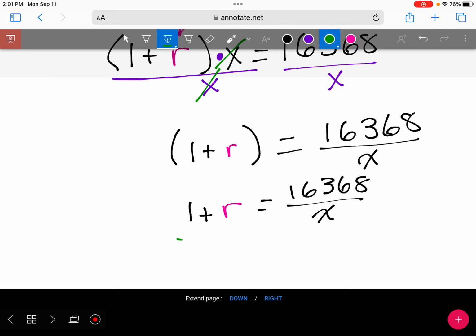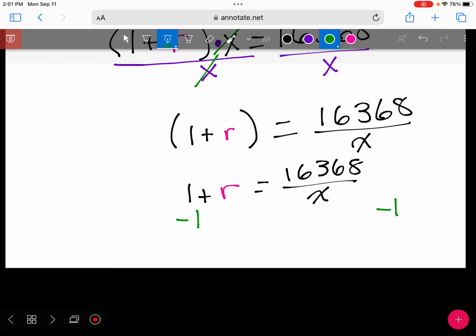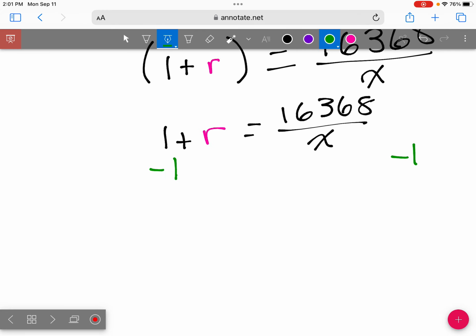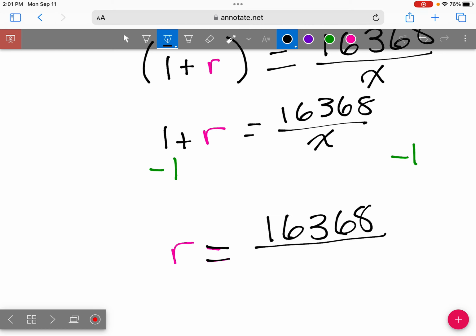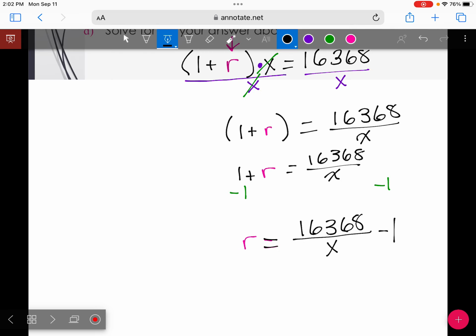If I subtract 1 from this side, that 1's going to cancel out. And I can just subtract 1 from this side. So we're going to have r equals this hot mess of crazy, 16368 over x minus 1 tells me the rate.